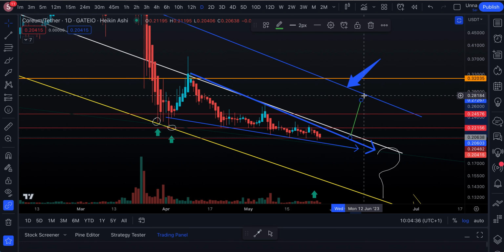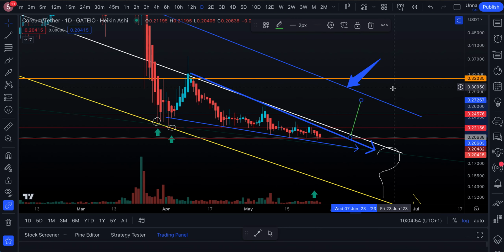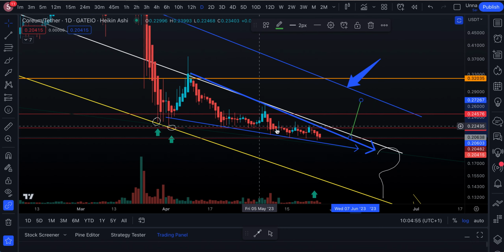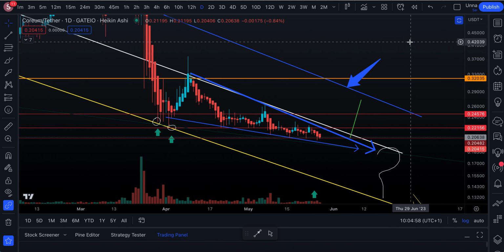If this plays out and we break past this resistance here, we could see 32 cents, but I'm not saying that's happening, my people. What I can see is that this looks like a falling wedge pattern. It ticks all the boxes.